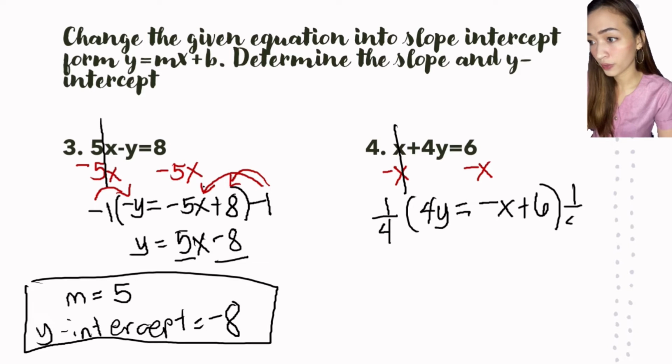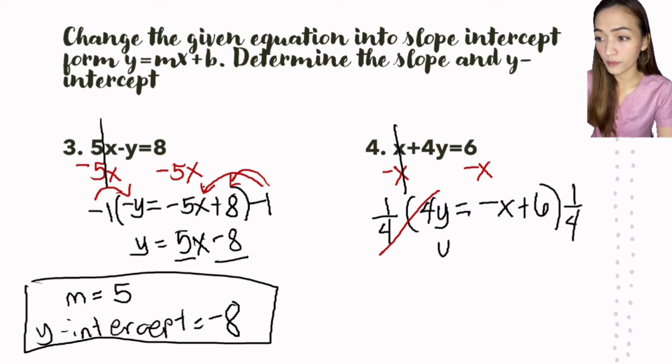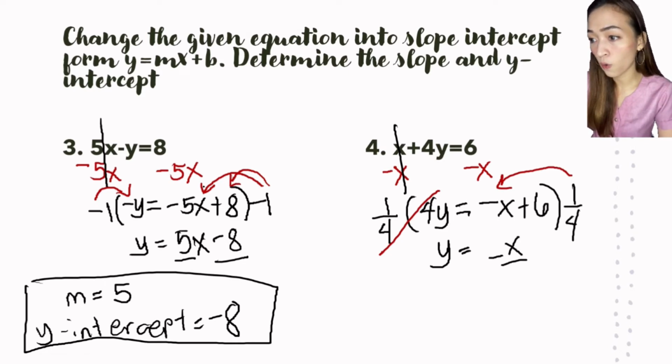Okay, so 1/4 times 4y is y equals, so now we have 1/4 times negative x over 4, okay, plus 1/4 times 6 is 6 over 4.